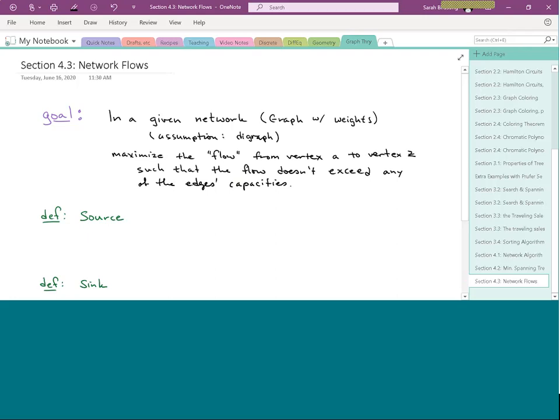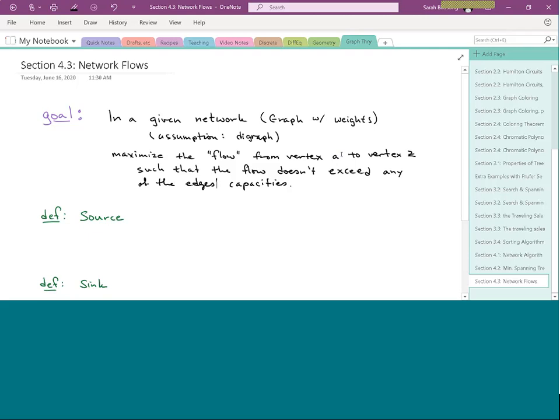The easiest way to picture a network flow is similar to the example that we talked about, I think it was yesterday. It feels longer than that ago. If you have something like pipes and you're pumping something like water or liquid through your pipes, maximizing the flow would be similar to saying, hey, you start at some place where you pump the liquid into the pipe system, where the pipe system is represented by the edges and vertices of your graph.